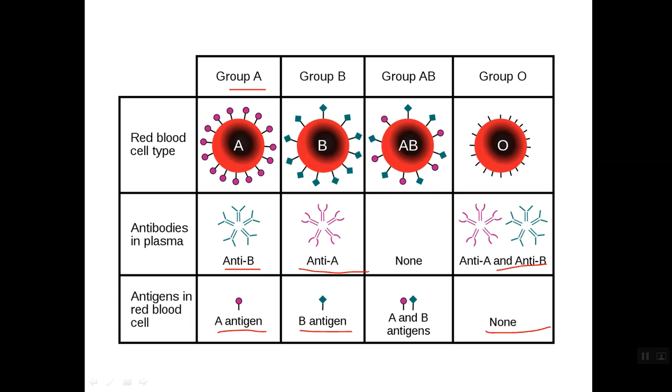In the case of the AB blood group individual, we have both antigen A and antigen B on the surface of the erythrocyte, but in the plasma we don't find any antibodies. Whereas in the case of blood group O, they will not have the antigens, but they carry both anti-A anti-sera and anti-B anti-sera.